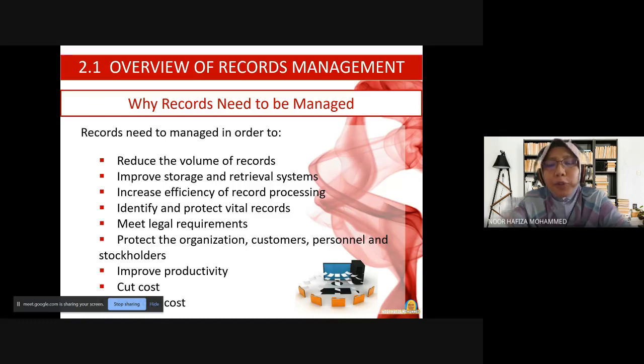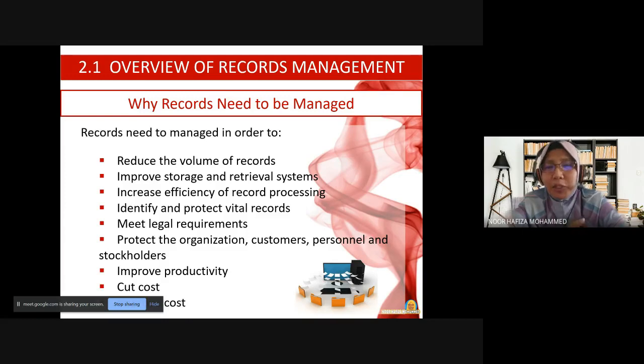Next is to improve the storage and retrieval system. The third one is to increase the efficiency of records processing. Number four is to identify and protect vital records. Next is to meet legal requirements. Then, records need to be managed in order to protect the organization, the customers, personnel and stockholders.